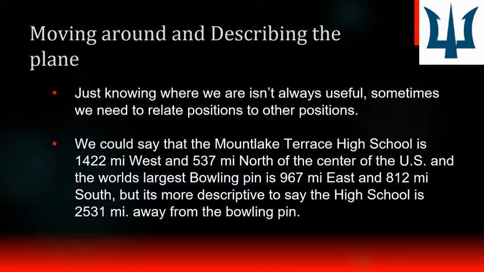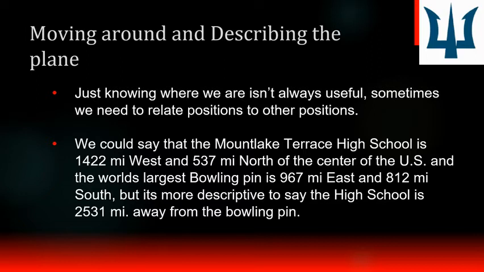But that doesn't really tell us how far away that bowling pin is. It tells us where each of these things is, but in order to find that out, we would have to find the distance between them. Turns out those two things are 2,531 miles apart. And that tells us a little bit more about the situation than just knowing where things are.